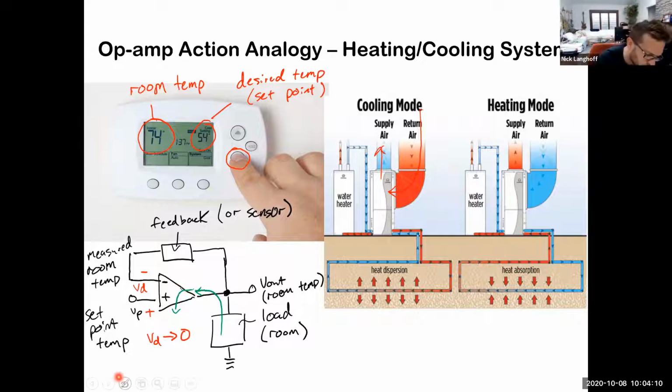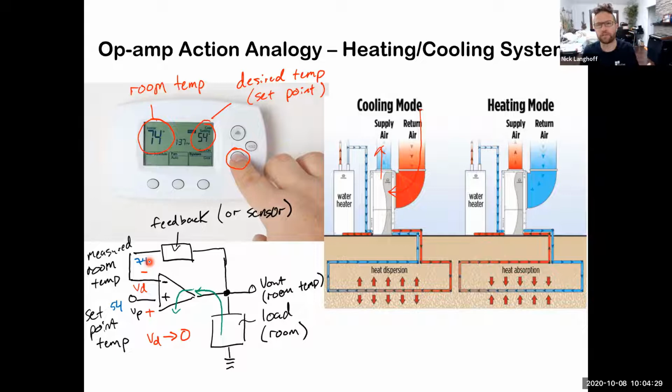If you were drawing some voltages on here, the set point would have been 54 degrees and the measured room temperature would have been 74 degrees. We clearly need to bring that number down to bring VD equal to 0.